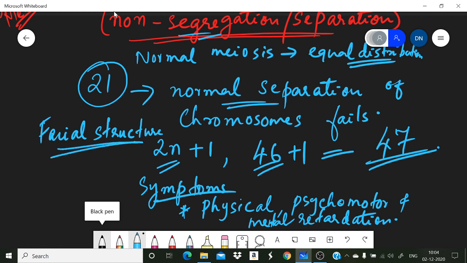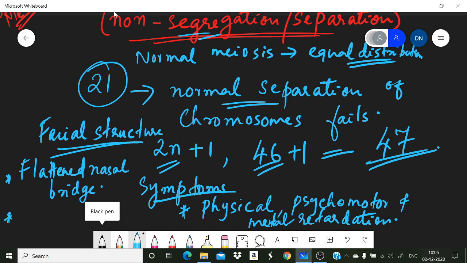Some changes occur in the facial structures, like a very flattened nose or nasal bridge.